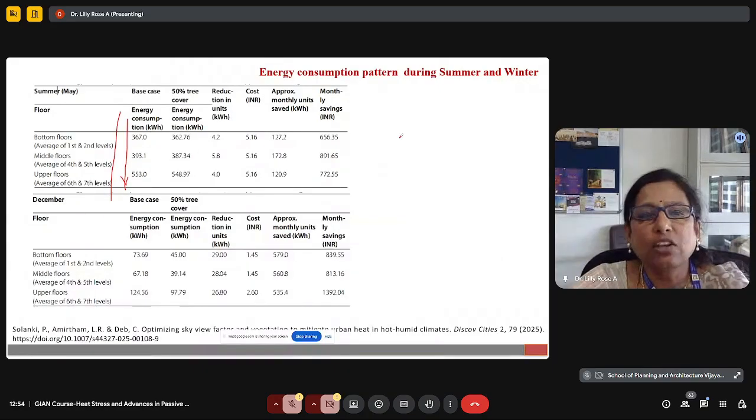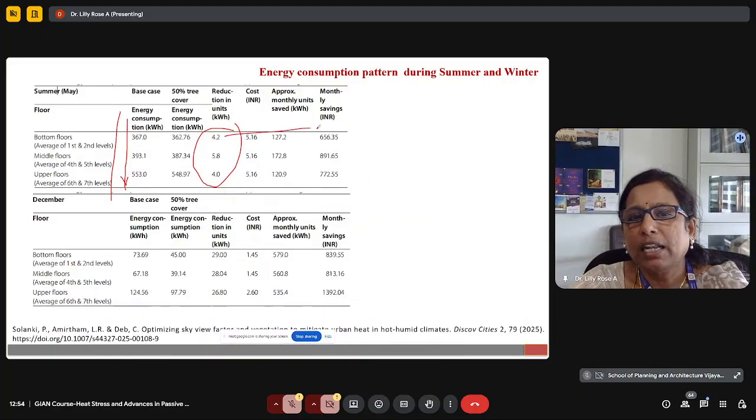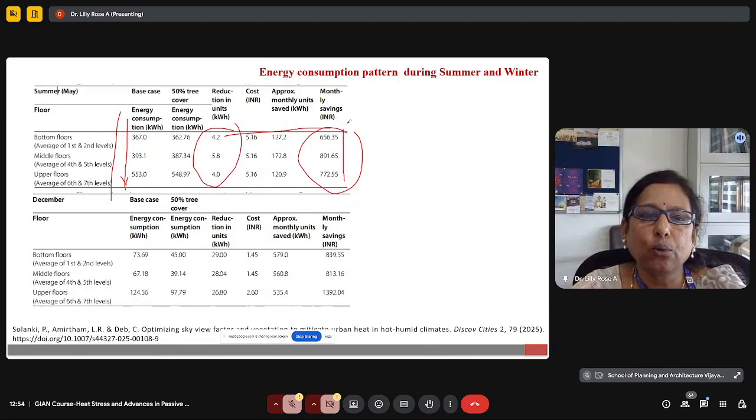During summer, this was just done for 1 day, but it has to be done on a monthly basis. We just ran the simulation for 1 day for want of time, but if it is run for a month, it can be done better. So here we multiplied that by the number of units for a monthly basis, and we found the saving on a monthly basis at different floor levels.